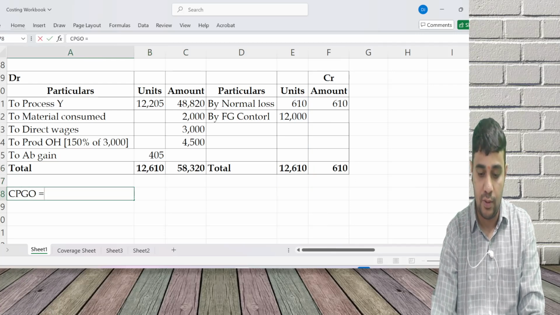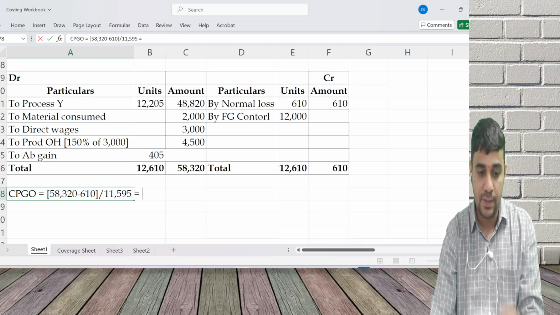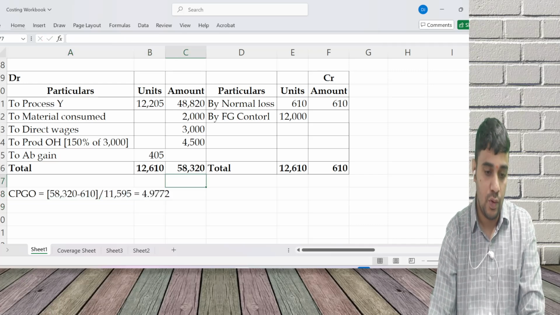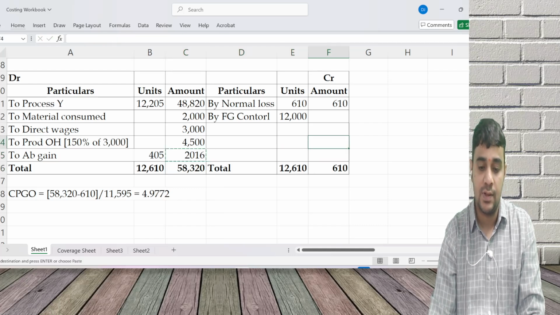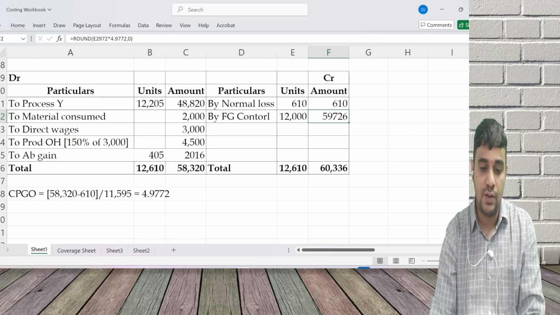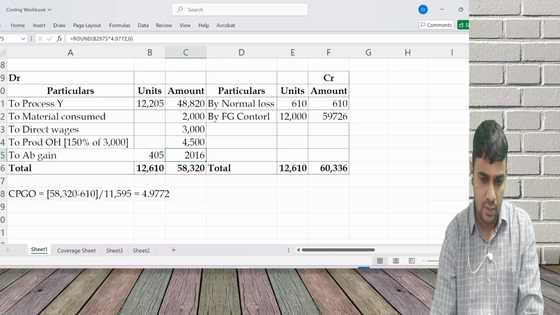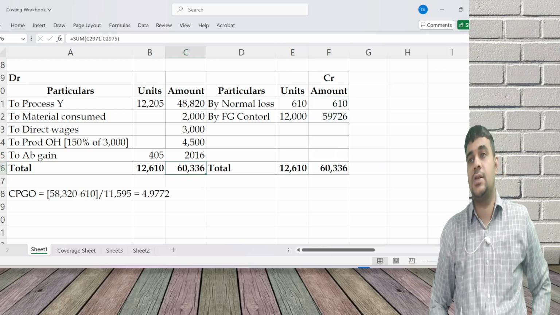Cost per good unit is equal to 58,320 minus 610 divided by the good units, which is 4.9772. On this side I get 2016, and on that side 6336.